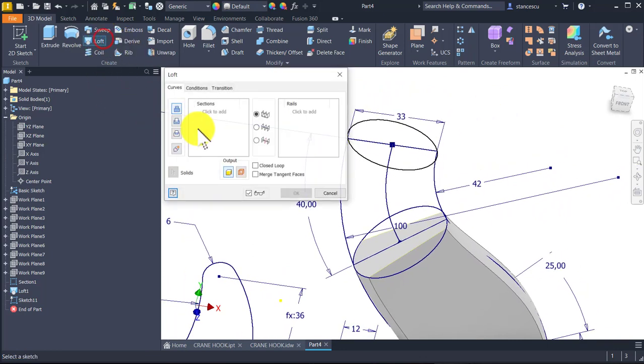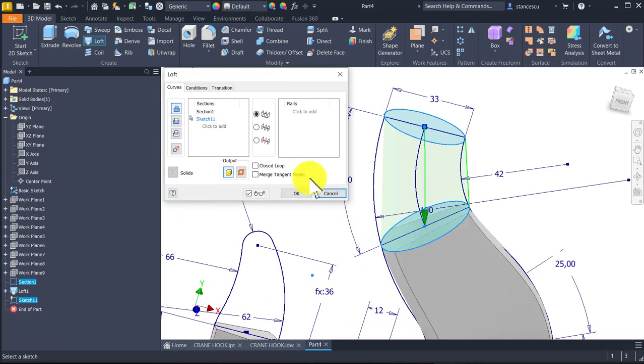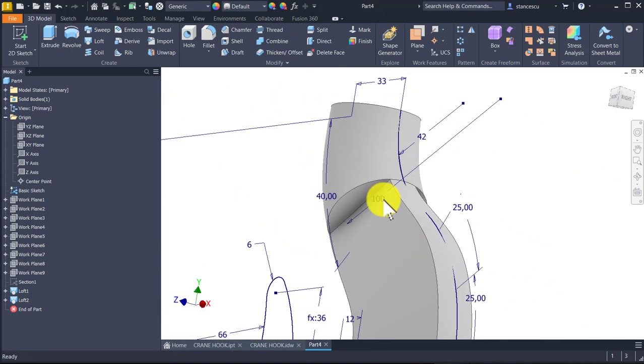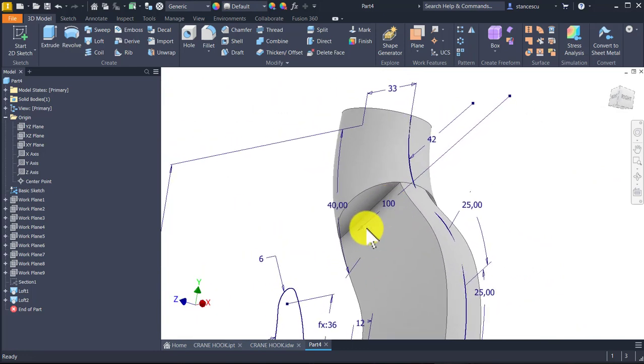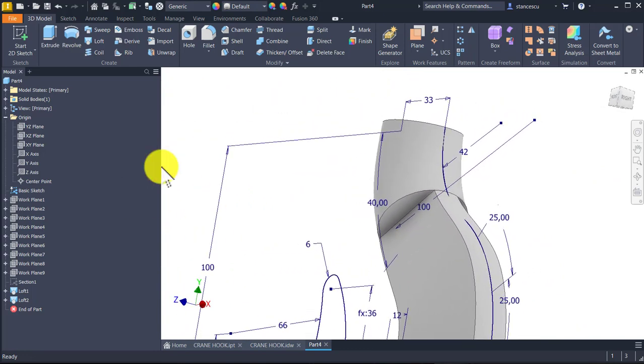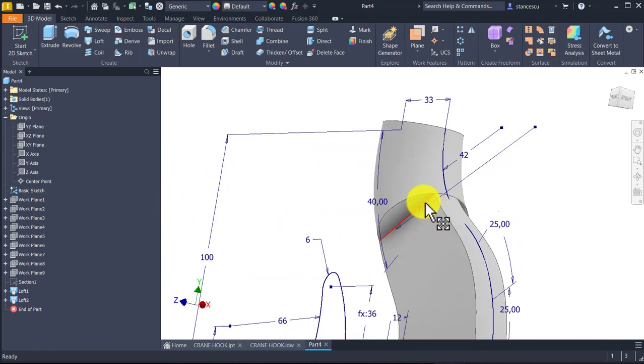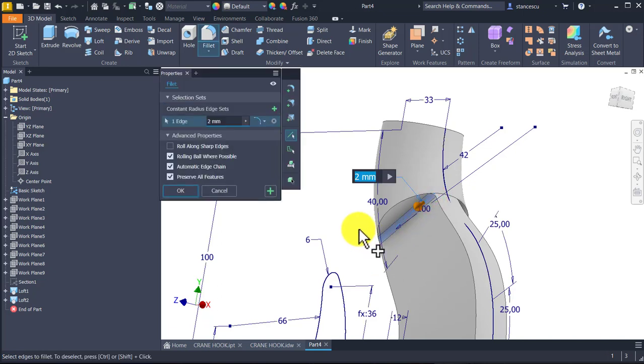Loft, sketch, sketch, following a rail, this rail. Okay, now we have here something to be discussed later, because we cannot apply simply this fillet.